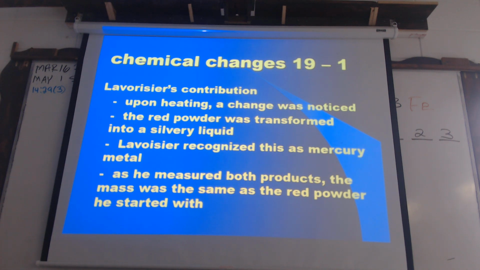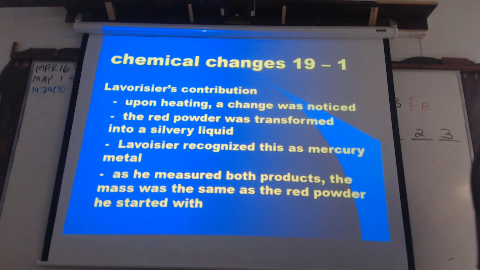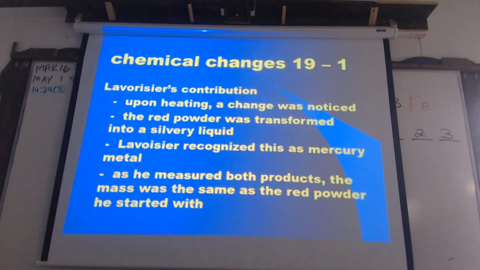Okay, so like I said, what had happened is a closed container is the key. Because what happens is, what causes a chemical change, or what causes a chemical reaction? Heat is one. Light can do it. A catalyst can cause a chemical reaction.